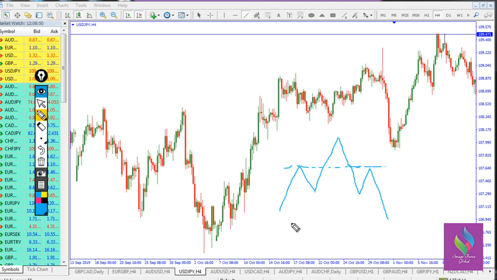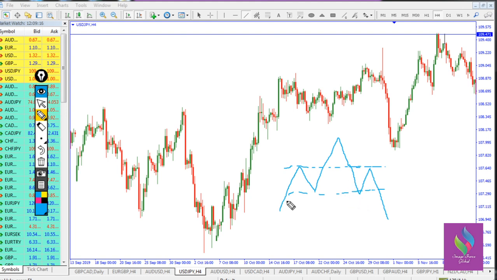Should we consider this as a support and resistance area? We want to look at these areas so that we can properly analyze what trend lines are.